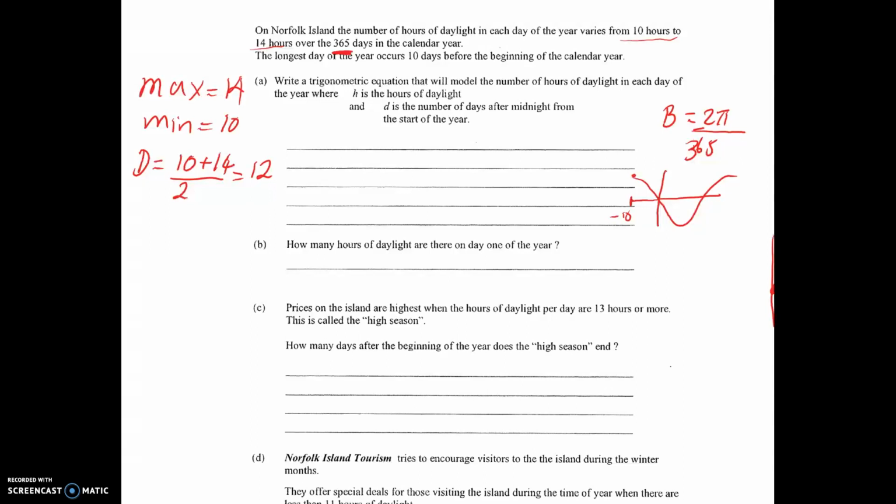All right, so that's a rough sketch. So this here will be 365 minus 10, which is 355. Let me redo this diagram.